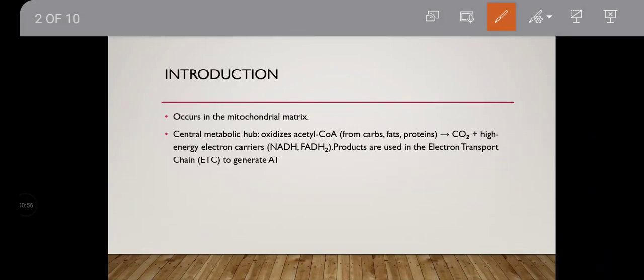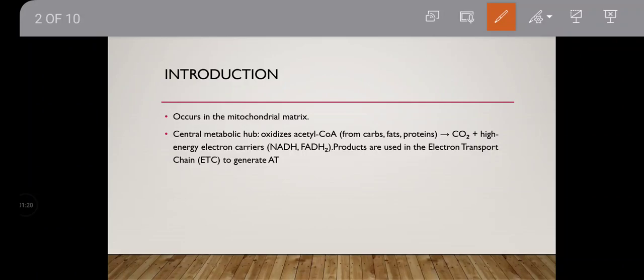That is, the metabolism of carbohydrates, proteins, and fats all lead to the formation of acetyl CoA, which is then used as the most important substrate in the tricarboxylic acid cycle.